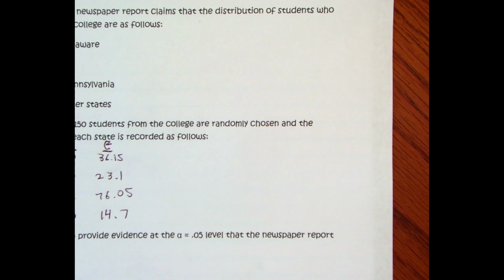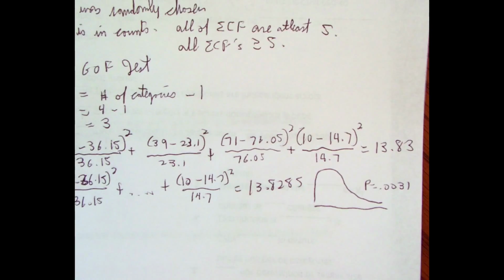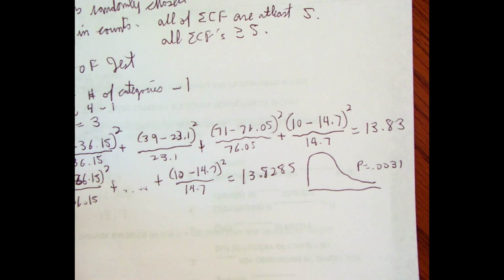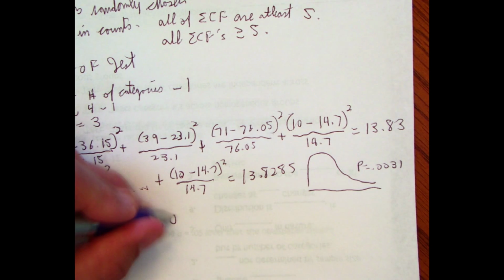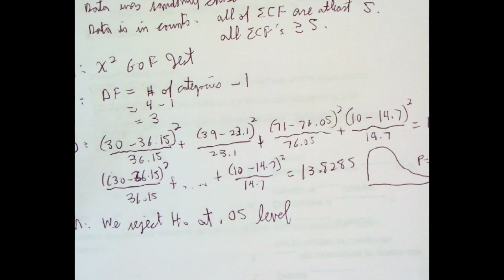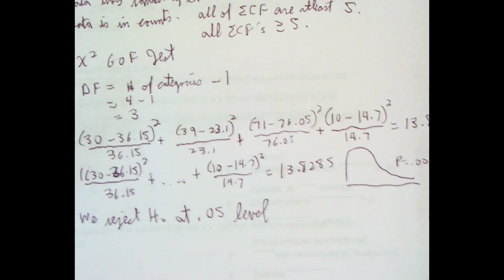So assuming that we're testing this at the, yep, it says we're testing this at the alpha is 0.05 level. So we reject H of O at the 0.05 level. Okay. Since our p-value is less than 1%.